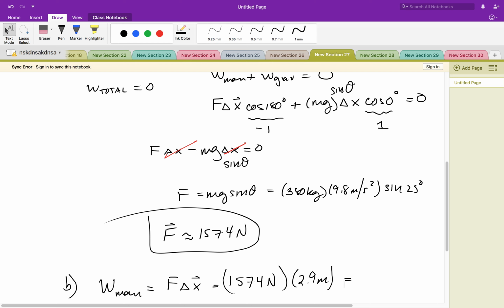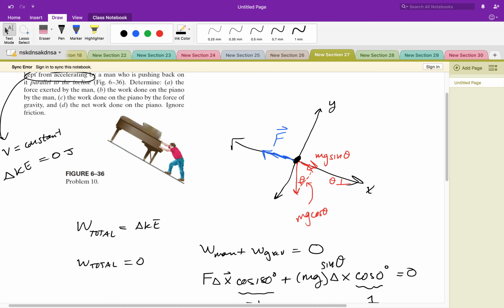And let's see what we get. So 1574 times 2.9, and that is 4564.6 joules of energy. Okay. Now let's move on to part C.